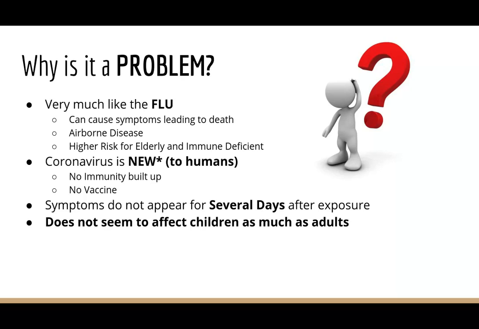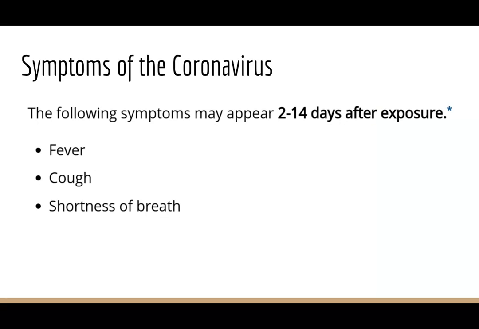But right now, the Center for Disease Control says that children are experiencing milder conditions. So what are those symptoms? Fever, cough, shortness of breath, like we showed earlier. Again, it takes quite a while for the disease to really set in, and that sets up a perfect storm for the disease to spread very, very quickly.